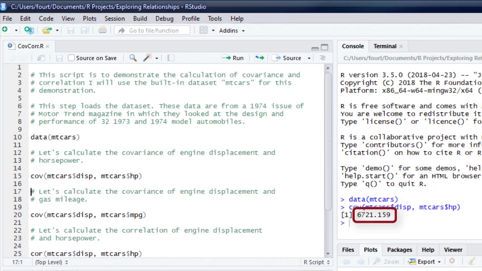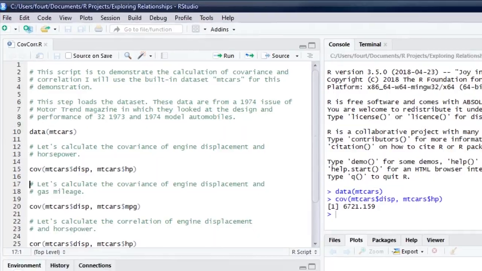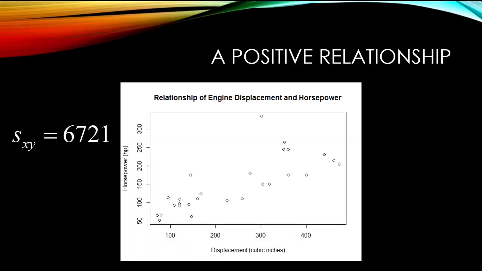The covariance is 6,721. The positive relationship that we see among engine displacement and horsepower in the scatter plot has this accompanying statistic, a covariance of 6,721.